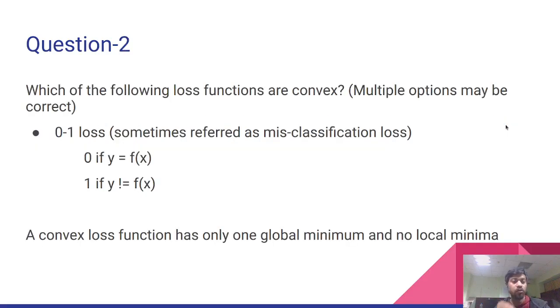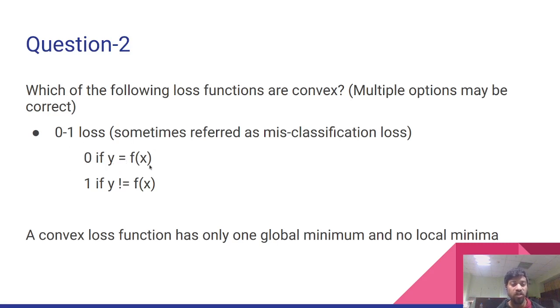So this is the second question. Which of the following loss functions are convex? At first, 0 1 loss. So what do you think? Is it convex or not convex? This is the formula for 0 1 loss: 0 if y equals f(x).